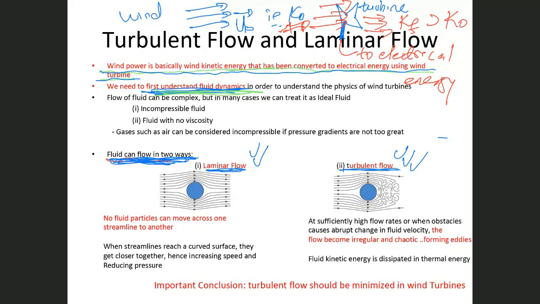Now, what is the difference between the two? The difference is straightforward. Laminar flow is regular flow. What do I mean by that? If, for example, I have a fluid particle right here, then in principle, for every fluid particle, I can trace its path as it flows from left to right.